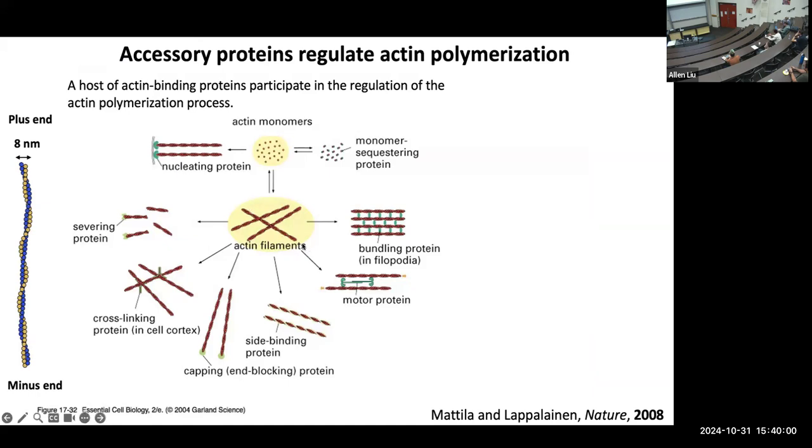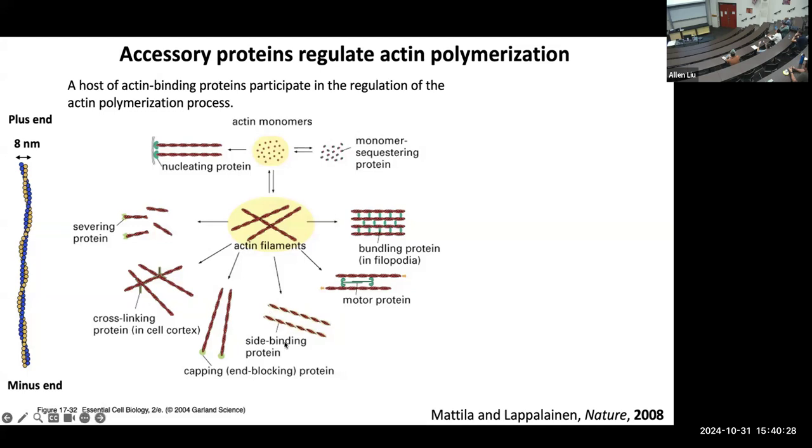Now, these filaments can bind to different types of actin binding proteins. And these proteins can essentially decorate various parts of the filaments and regulate their dynamics or architecture. For instance, there are proteins that bundle them, basically linking them together into thicker bundles, and they're found in projections like filopodia. They can be motor proteins that slide the filaments together, like what you'll find in your muscle.